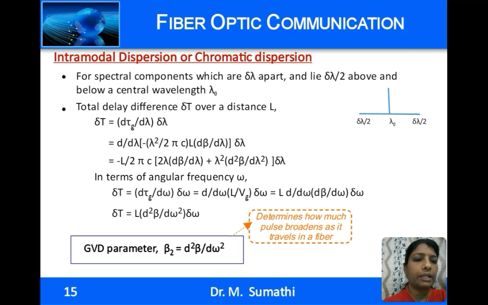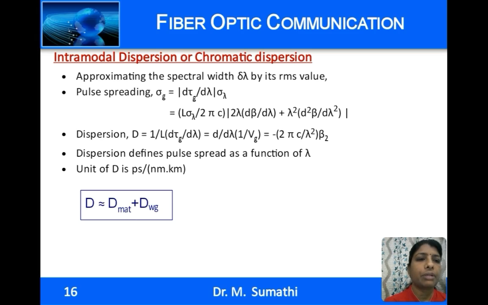So reducing that we get an expression, and we can also reduce it in terms of angular frequency. Here the term d square beta by d omega square is called the group velocity dispersion or beta 2, and it is a very important parameter that determines how much a pulse broadens as it propagates along a fiber.